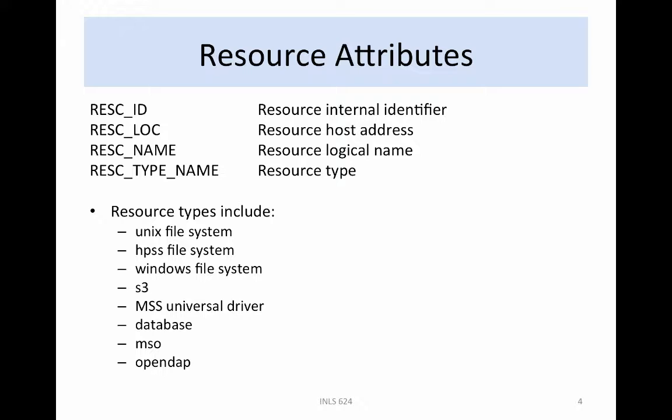Valid types include Unix file system, Windows file system, HPSS file system, which is a tape archive, S3 for Amazon S3 Cloud, MSS Universal Driver, which is a driver for mass storage, database for an object relational database, MSO for a microservice object, and OpenDAP for a network data access protocol.